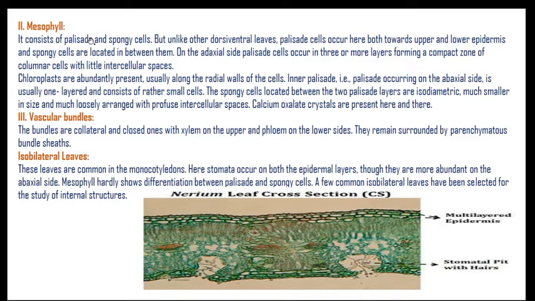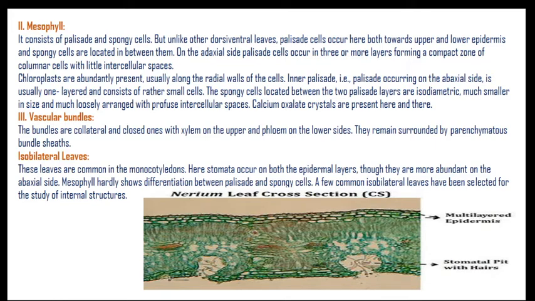What is the difference between them? Palisade cells are long, elongated, and compactly arranged, and if a leaf shows palisade layers on both the upper and lower sides, that leaf is called a dorsiventral leaf. Such a condition is found in nerium.